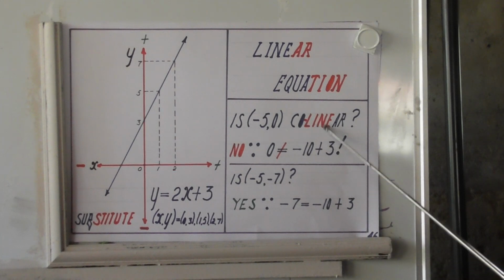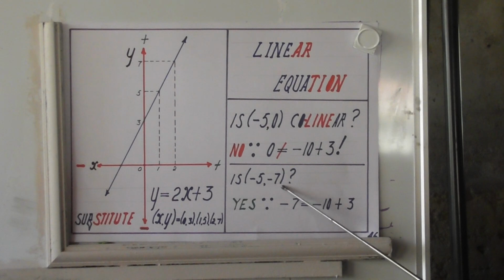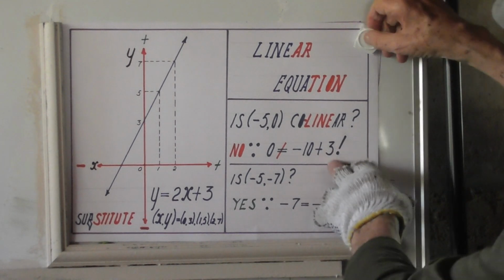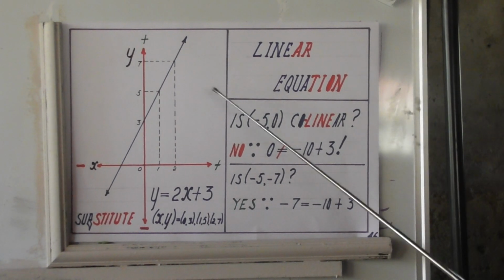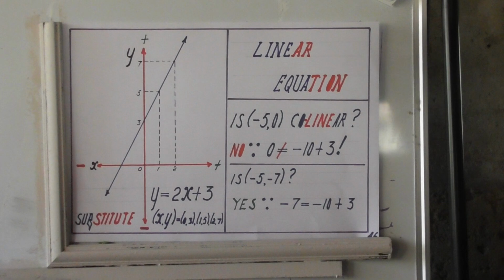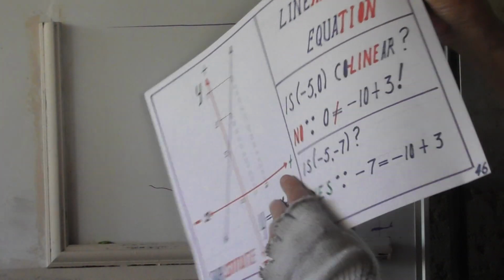So this one I can show, but this one I have to calculate. So we put this in this equation. This is negative 10 and this is negative 7. Yeah, that's okay. That's the whole theory of linear equation. Sometimes it is called straight lines. Because you also have curved lines. There's nothing else to learn about this one.